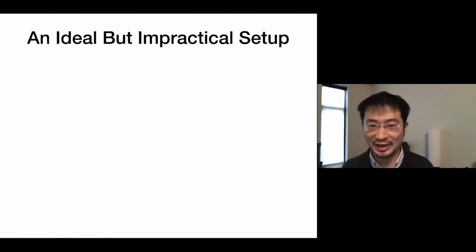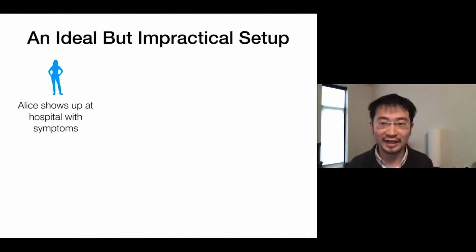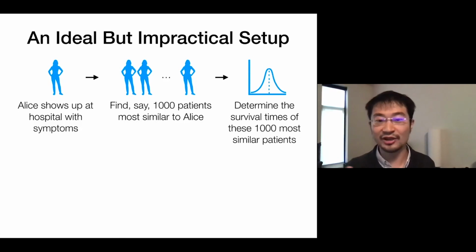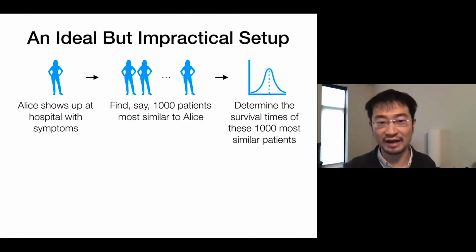Okay, so this is an ideal, completely impractical setup. Let's say that Alice shows up to the hospital and has some symptoms. Ideally, what we would like to do is something like this. We magically find 1,000 patients that are most similar to Alice, and then somehow, by some kind of magic, we figure out what the survival time is of every single one of these 1,000 subjects.